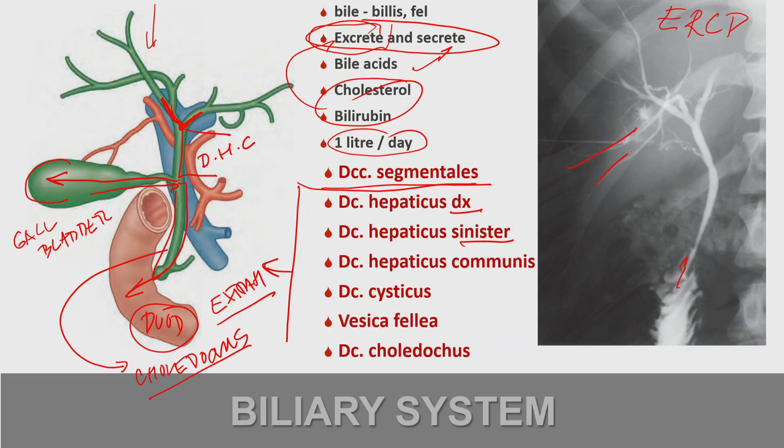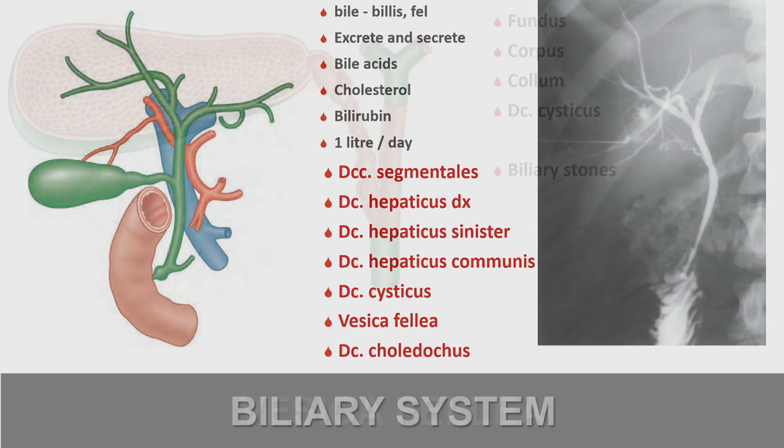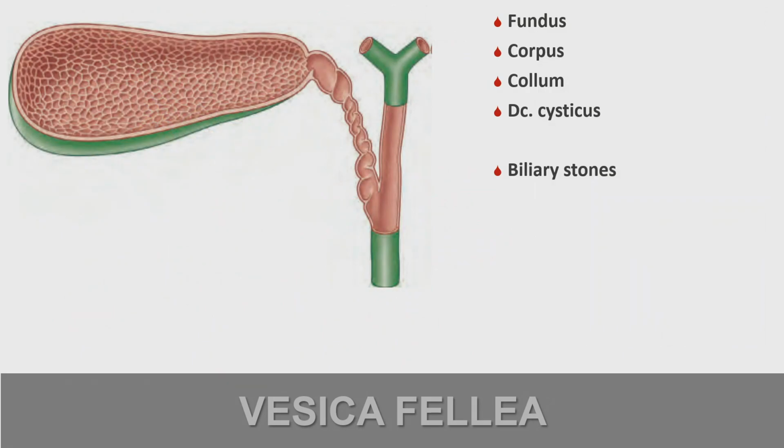But here you can see segmental bile ducts, right and left main junction, epsilon-like. Here, common hepatic duct, cystic duct, and this is the choledochus. And here we have the duodenum. Important is also this small thing, which will be noted on next images.